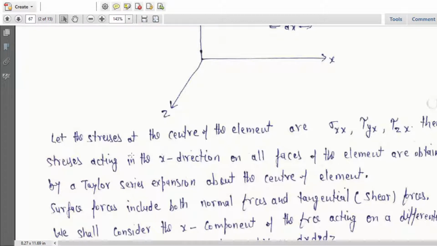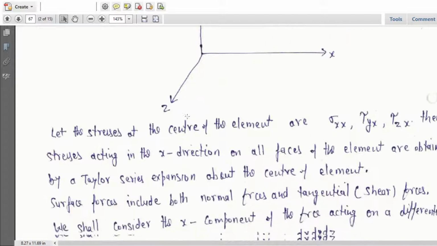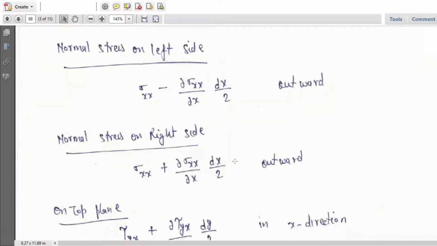The rest of the faces, the left and right side, top and bottom, front and back, can be calculated from Taylor's expansion. The differential volume is dx dy dz.